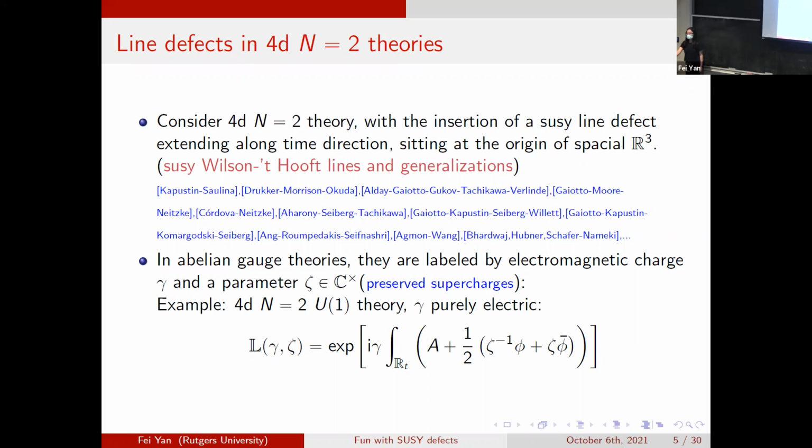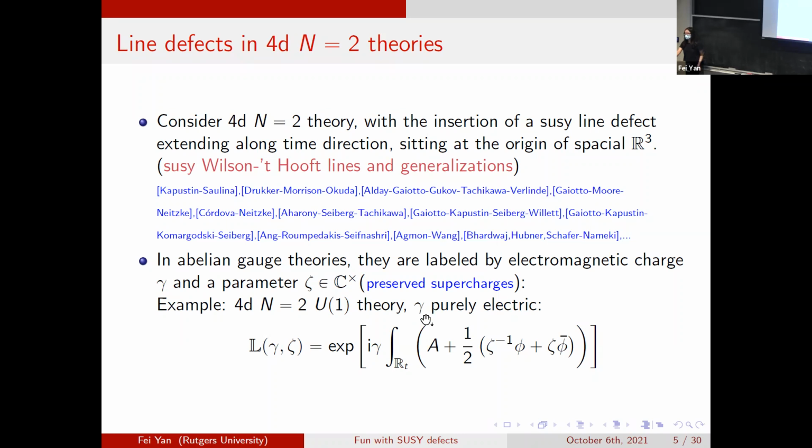However, if you just take some abelian gauge theories, such objects are very explicit and can be explicitly described. Namely, in abelian gauge theories, you could literally think of these lines as worldlines of heavy BPS dyons with a certain electromagnetic charge gamma. In other words, they are labeled by the electromagnetic charge gamma and also some parameter, say a phase parameter, labeling which supercharges this line preserves.